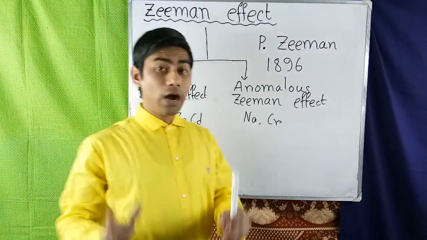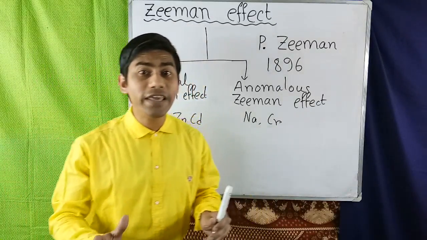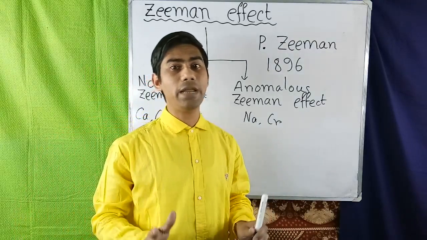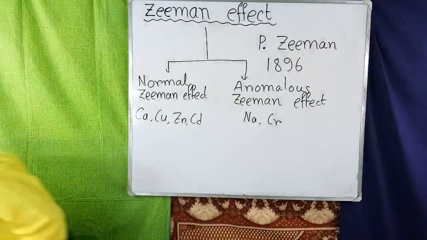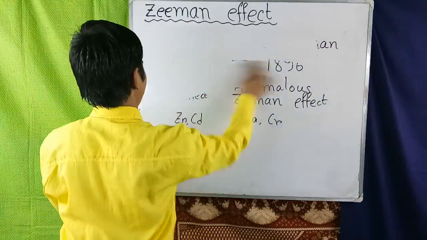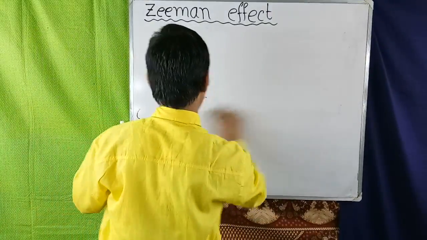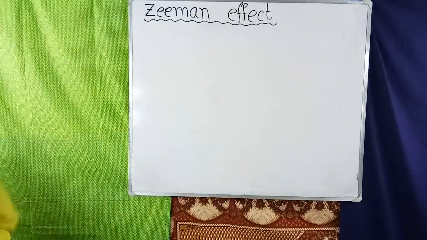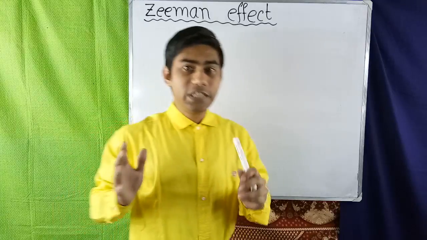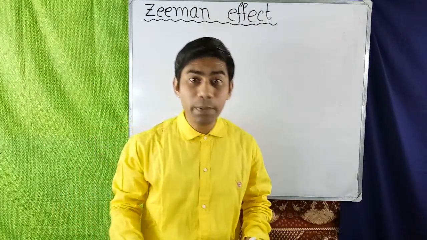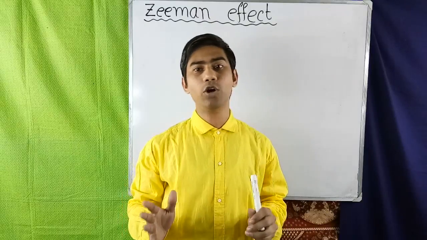Okay. Now let's go to the theory of the Zeeman effect. That is how we can explain the Zeeman effect. Okay. The Zeeman effect, both anomalous and normal, can be explained by the vector atom model.